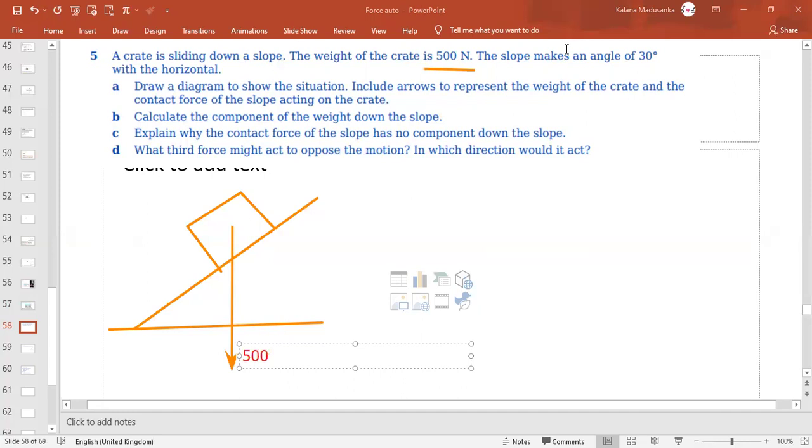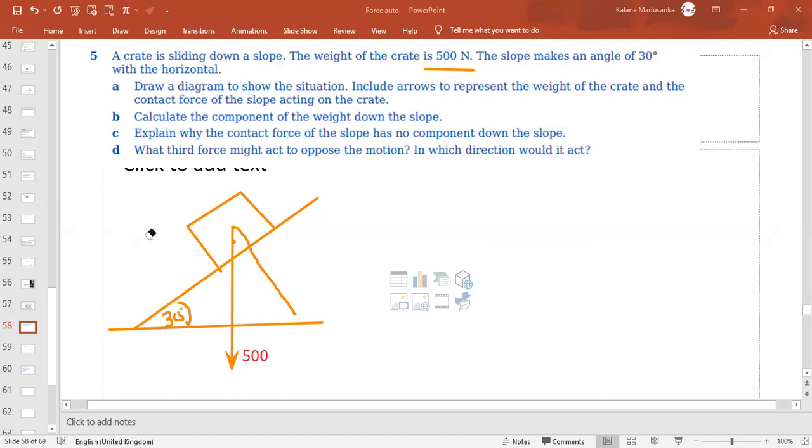The slope angle is 30 degrees with the horizontal, which means this angle is 30, and automatically this angle also becomes the same.